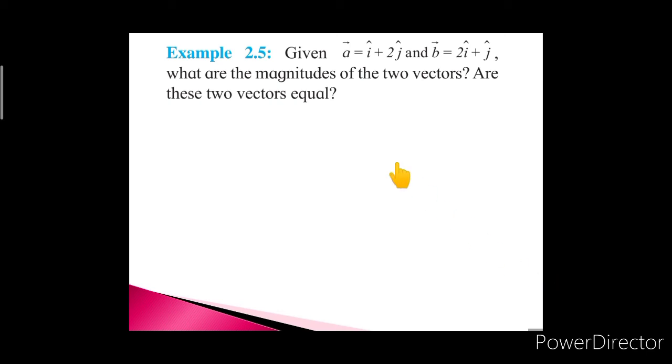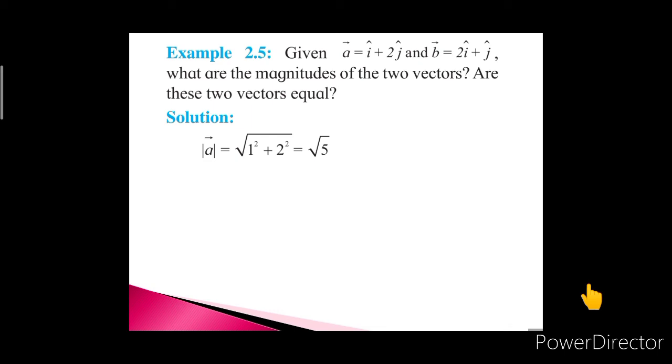Here two vectors, vector A and vector B, are given in magnitude and direction. We have to determine the magnitudes of these two vectors, as well as find out whether these two vectors are equal or not. Now let's see the solution.